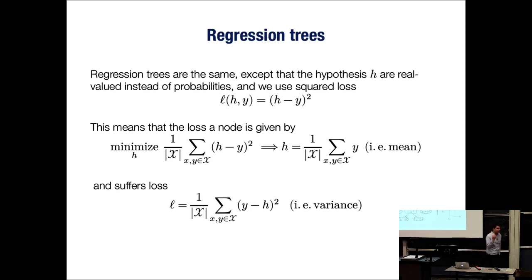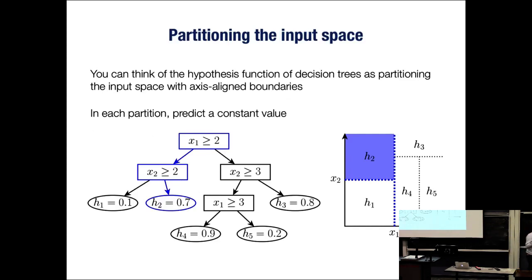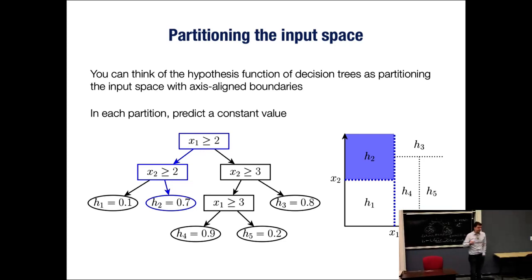I'm saying that h in that region is a constant number. I have a bunch of data points in that region, and I want to predict some number that minimizes the mean squared error between those data points and that number. And that value for h should just be the mean of all those data points in that partition. To be clear, the mean of the y values of those data points in that partition.